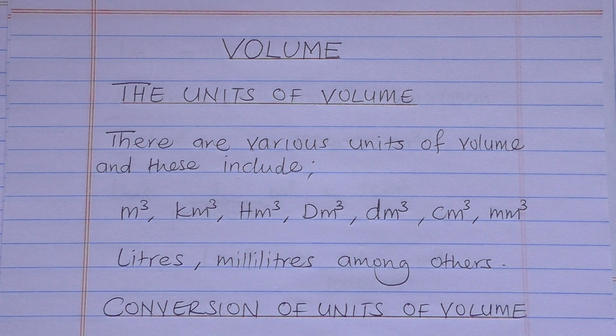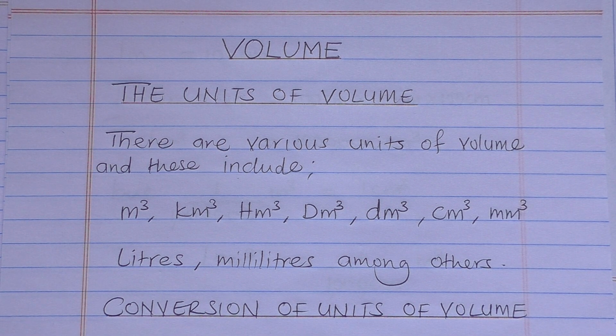But before we look at how we convert units of volume, let us first understand what volume is. Volume is simply the amount of space occupied by an object, and volume is measured in cubic meters as its SI unit.